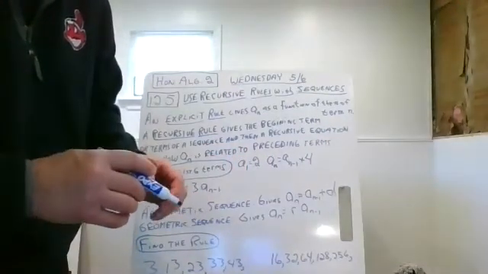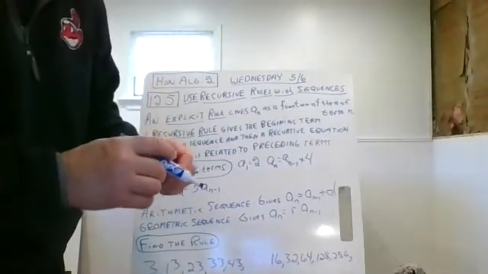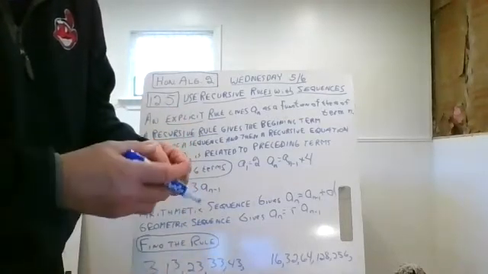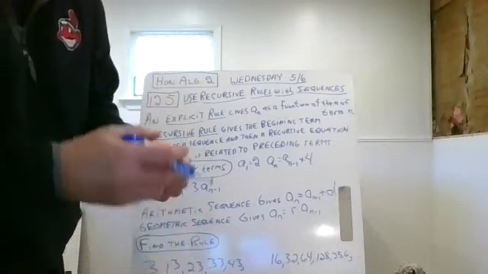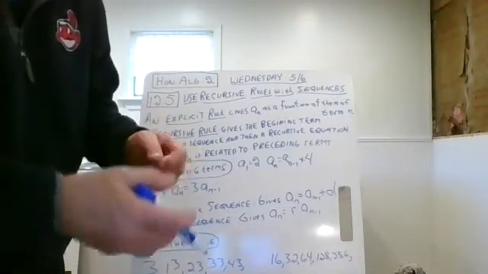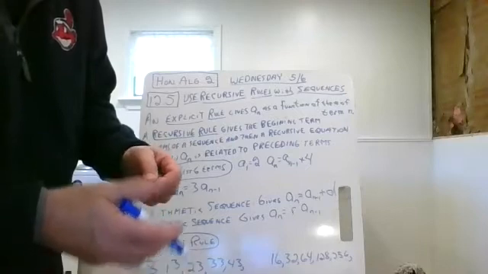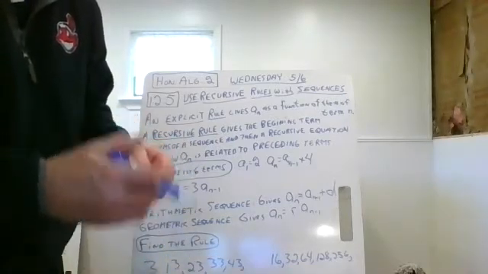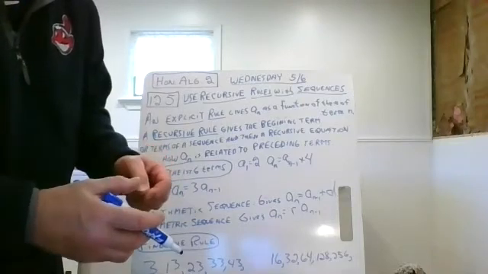So these explicit rules: a sub n equals 3n plus 1, it's simply a function of n. A sub n equals 2 to the n minus 1, that's an exponential function of n. Those are explicit functions of n.